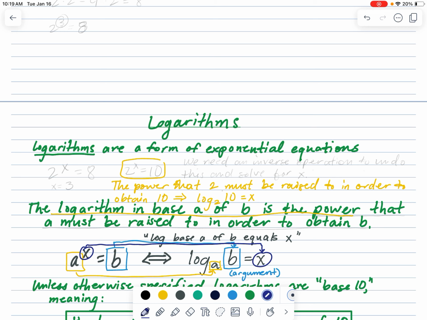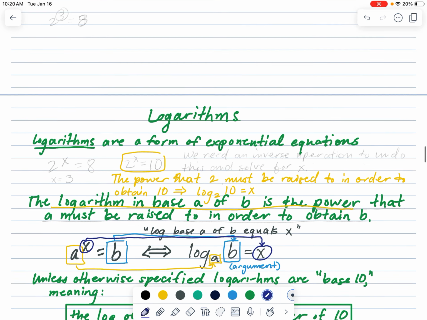So you can take any exponential equation and rewrite it in log form by putting the base of the exponent as the base of the log, the answer to the exponent as the argument of the log, and the exponent itself as the answer to the log.